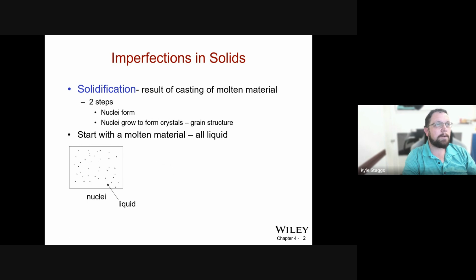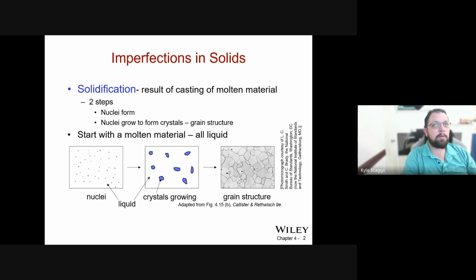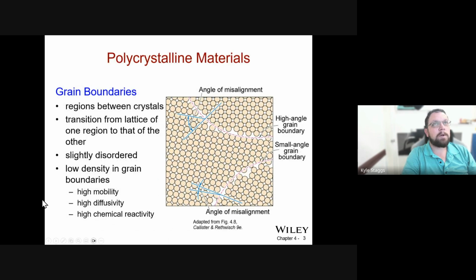So you start with a liquid, you start with nuclei, and then the crystals grow out of the liquid, and you end up with the grain structures as we understand it. This is helpful to see all of the pieces, but it's more helpful to see some of the video examples that we used already.